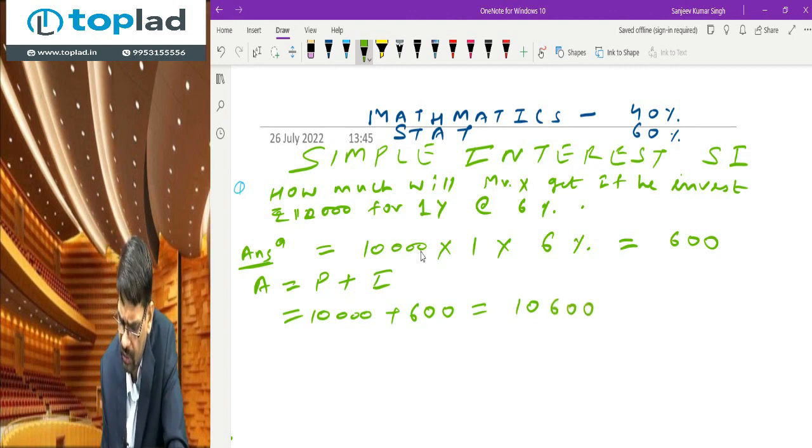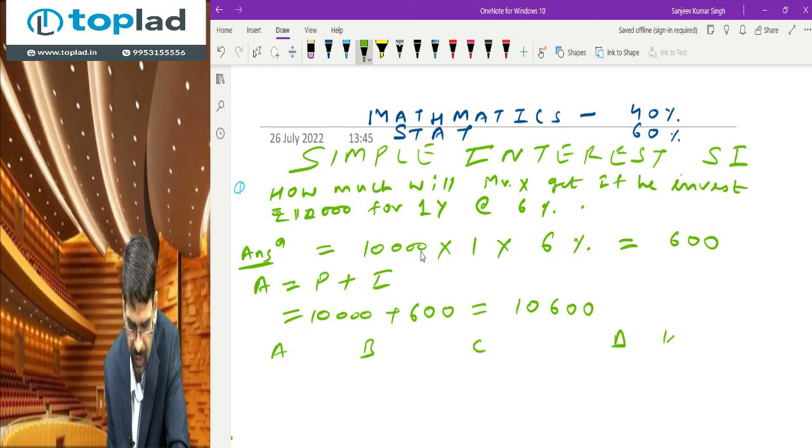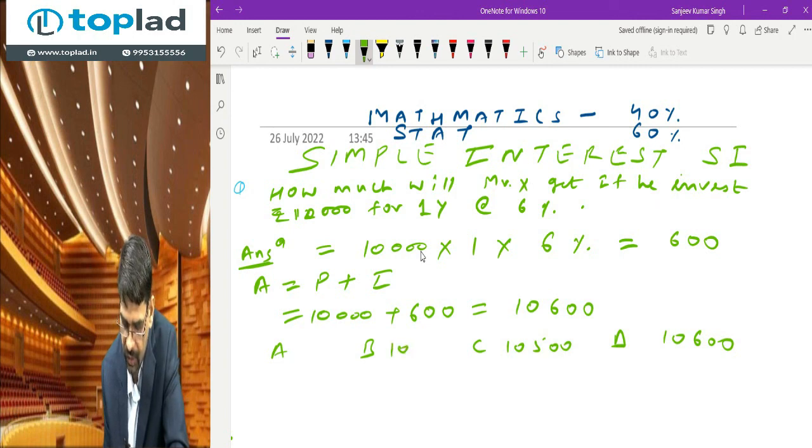In the examination hall, you have 4 options, A, B, C, D, like 10,600, 10,500, 10,300, 10,200.